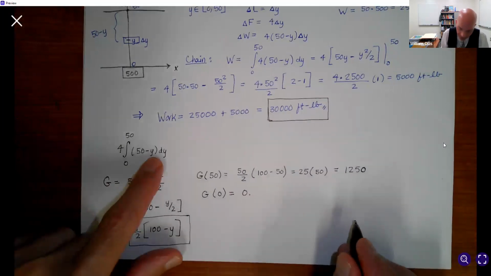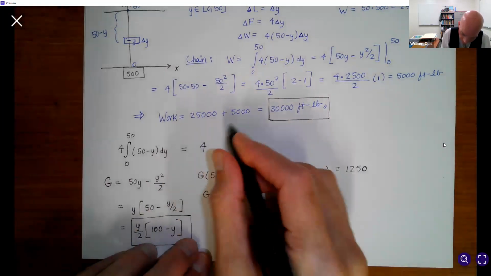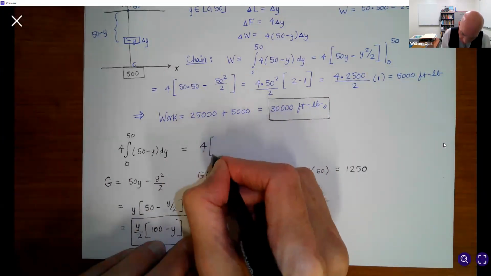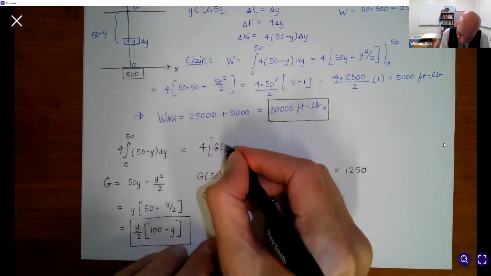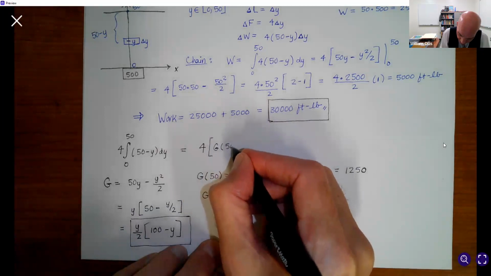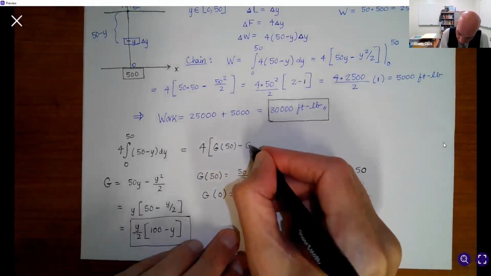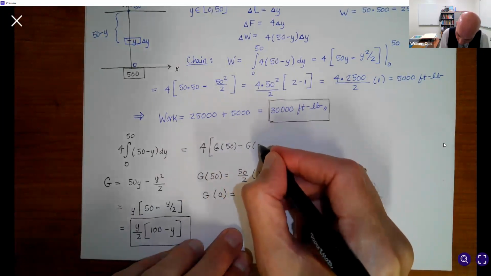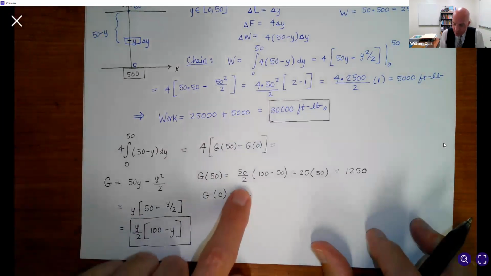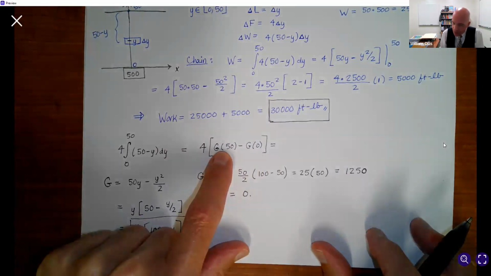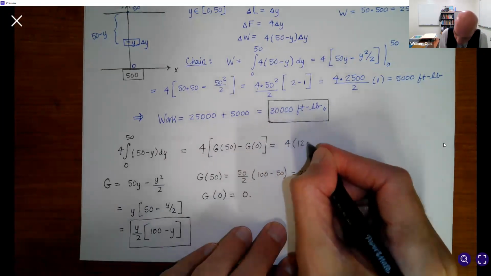So now we can go back here and we have 4 times, again, the difference, G of 50 minus G of 0. So all that's left, clearly, this being 0, is just the 1250 times the 4. So we have 4 times 1250.